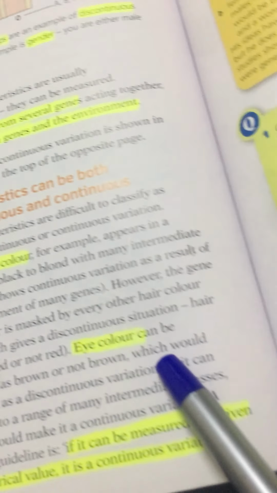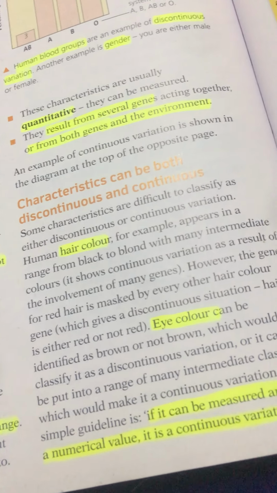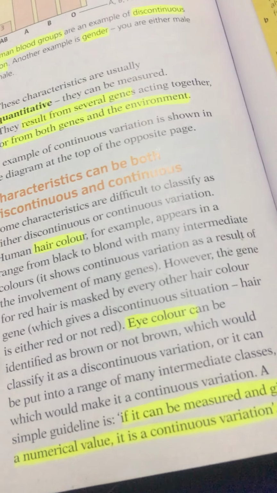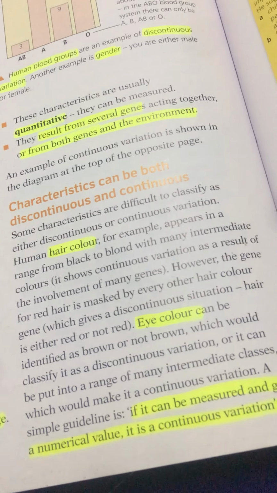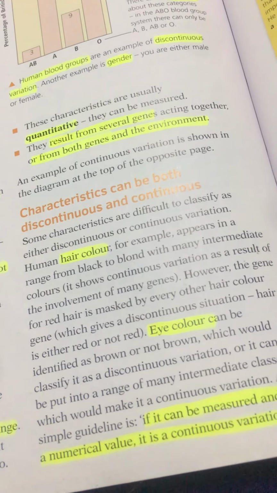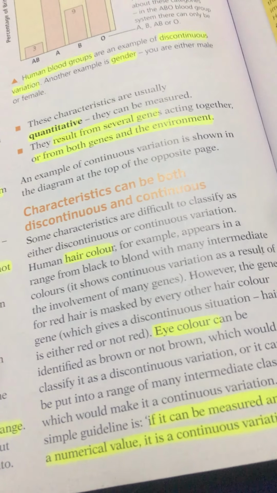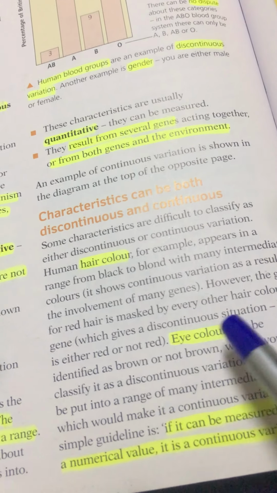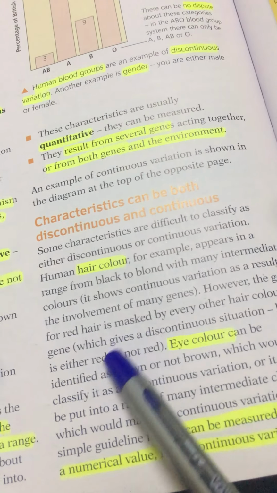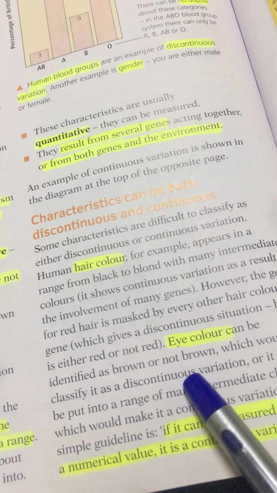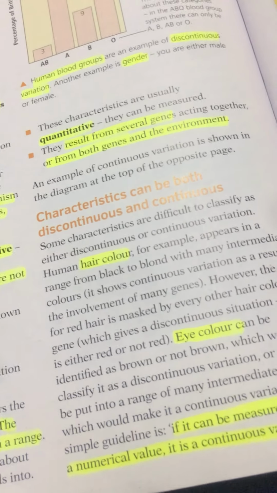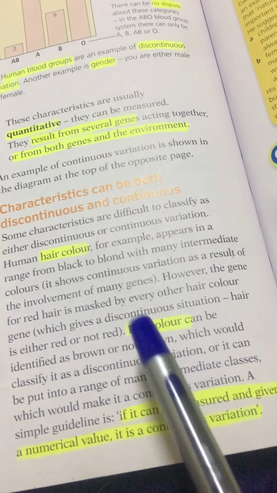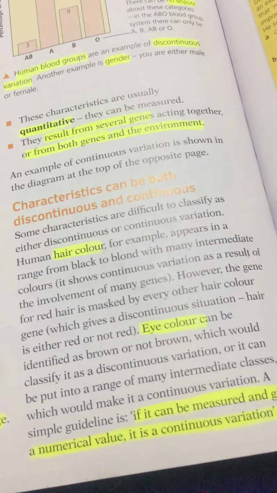What about eye color? Actually, eye color can also be continuous or discontinuous variation. How? You know that eye color can be identified as brown or not brown. We have two choices, brown or not brown, and this is a feature of discontinuous variation. So in discontinuous variation of eye color, we have brown or not brown eye color.